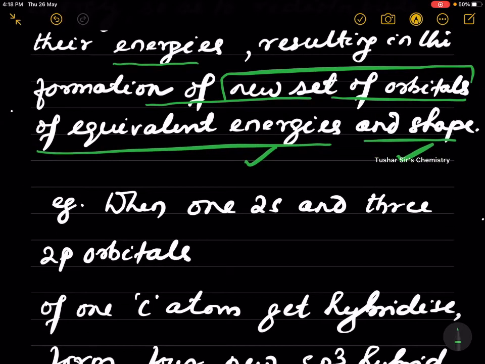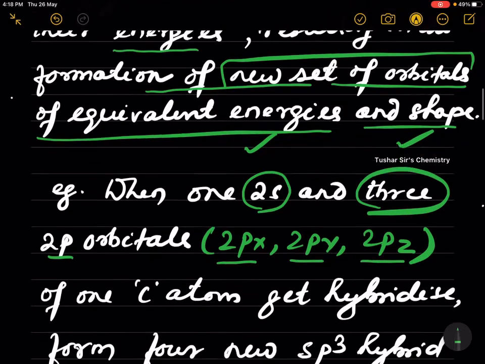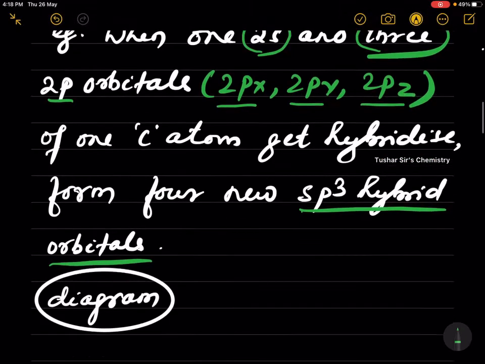Example: when one 2s and three 2p orbitals of a carbon atom get hybridized, here the 2p orbitals are 2px, 2py and 2pz, they form new sp3 hybrid orbitals.